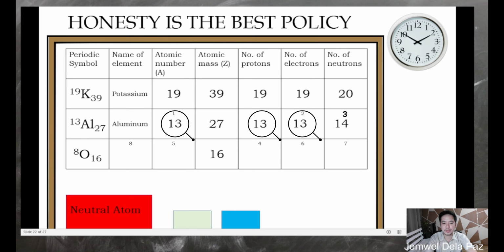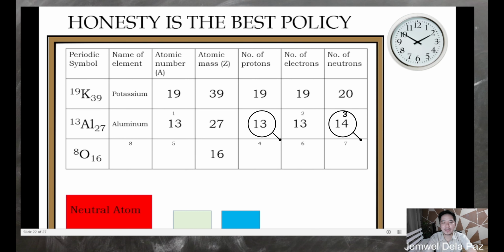Number of protons 13 and number of electrons 13. To determine the atomic mass of a neutral atom, add the number of protons and number of neutrons. Number of protons 13, number of neutrons 14. 13 plus 14 is equal to 27.